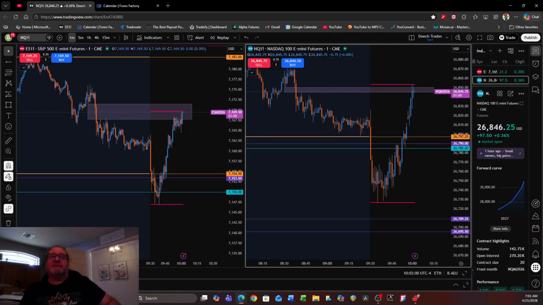This value gap is really the key. Yep, let it come back. Equilibrium.